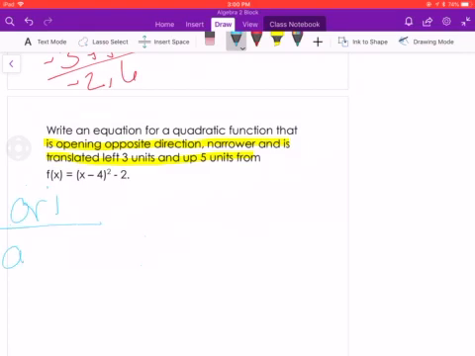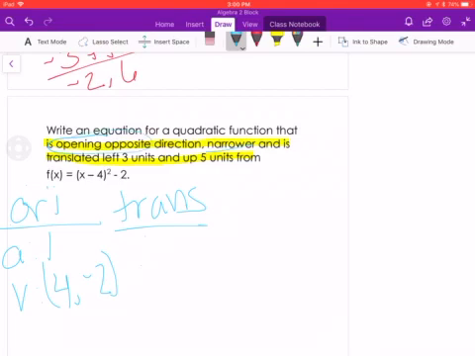Our a value for our original is still 1, and our vertex is now 4, negative 2. So when we do our translated, it has to be opening in the opposite direction and more narrow. So if it's opening in the opposite direction, it has to be a negative. And if it's more narrow, it has to be bigger than 1, so we can use negative 2 for our a value.